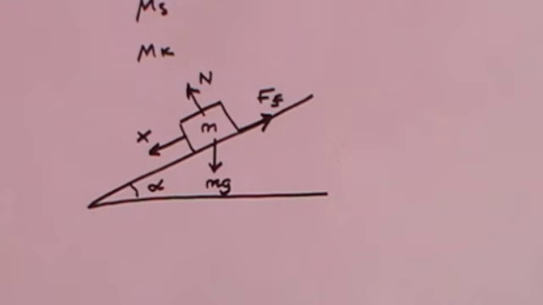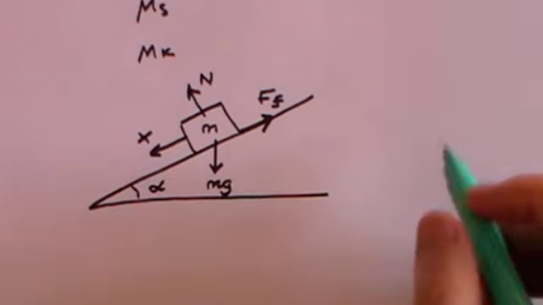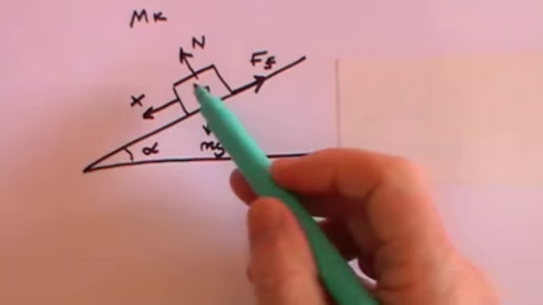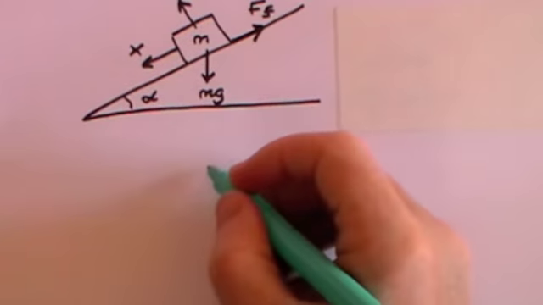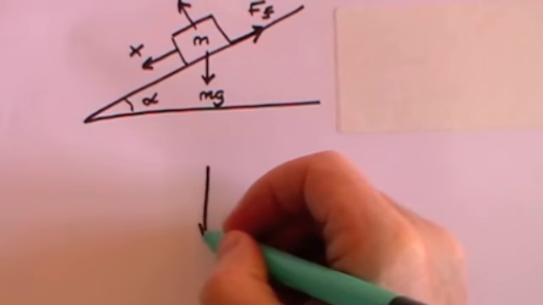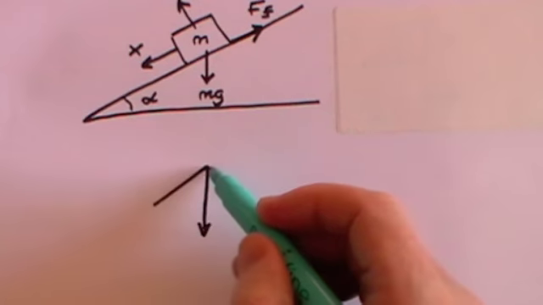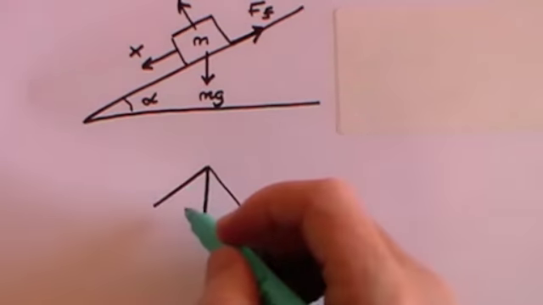Well, first we need to calculate the values for x and n. Let's try x first of all. Well, if we want to resolve mg into this direction, what we do, of course, is we take mg and we say we can resolve it into that direction, and of course we could also, if we wanted to, resolve it into that direction. We will need to in just a moment, actually. But first of all, how to resolve it in this direction?